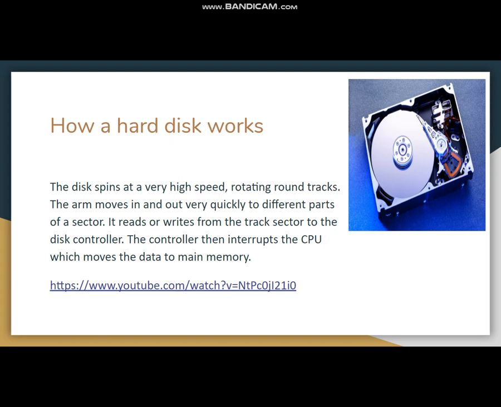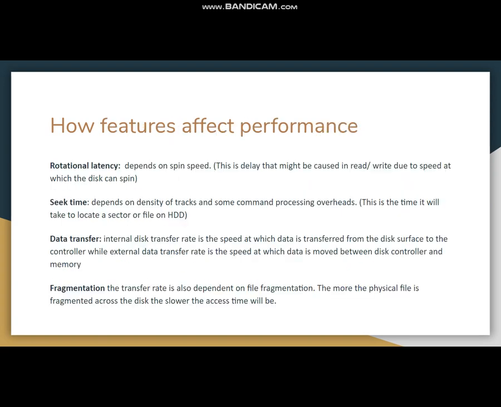So anything that we want to work with gets copied from the controller onto RAM, and then that content can be processed by the CPU. If you want to know a bit more about how the hard disk drive works, please watch this video. But in terms of your exam, the main thing you need to know is that there is a controller, and that controller is what's going to interrupt the CPU to be able to move data back and forth to the main memory.